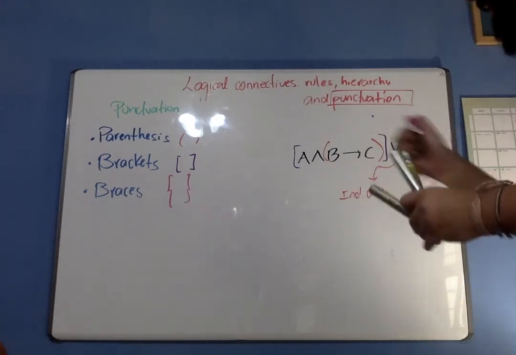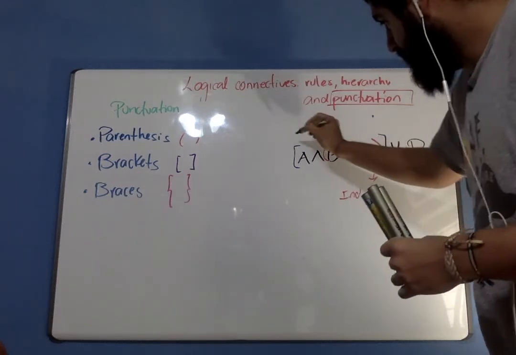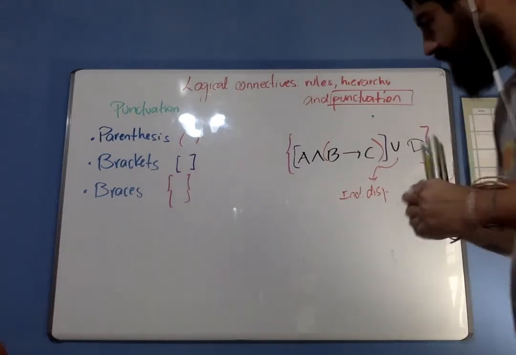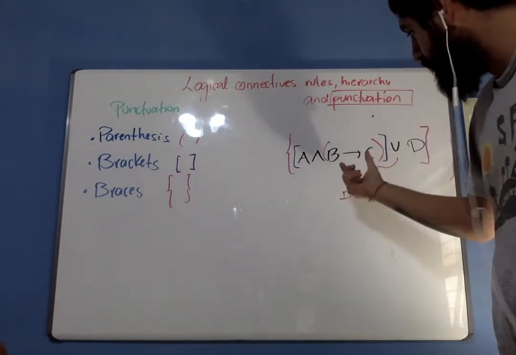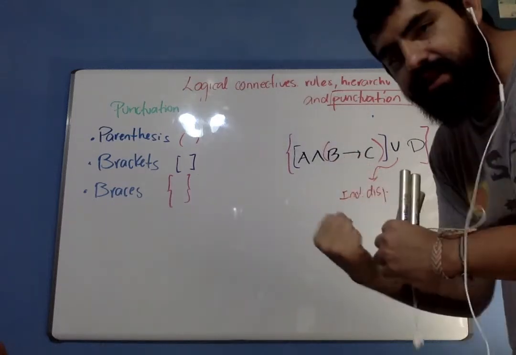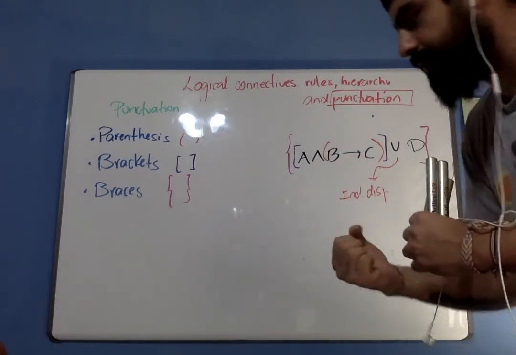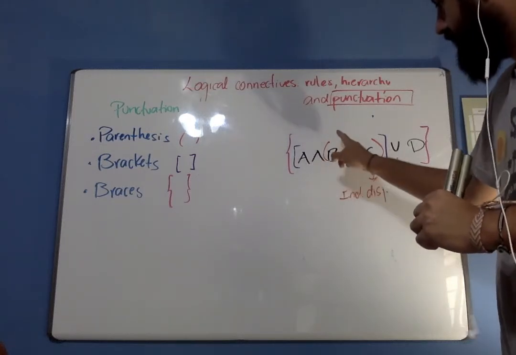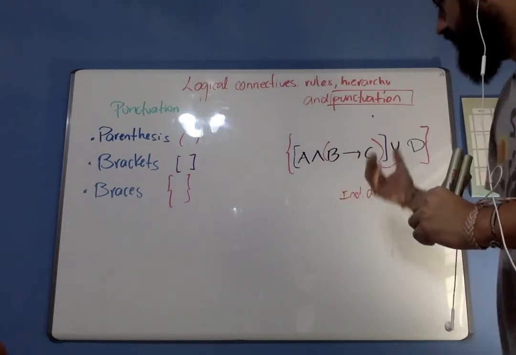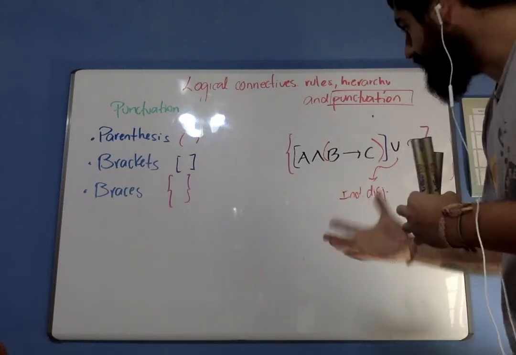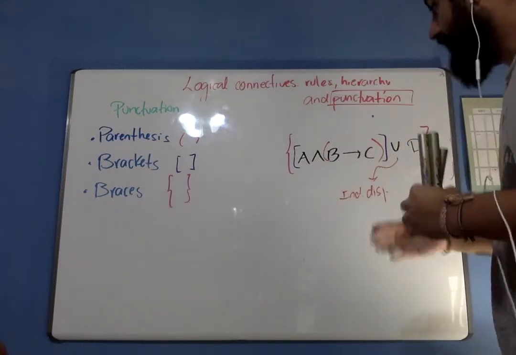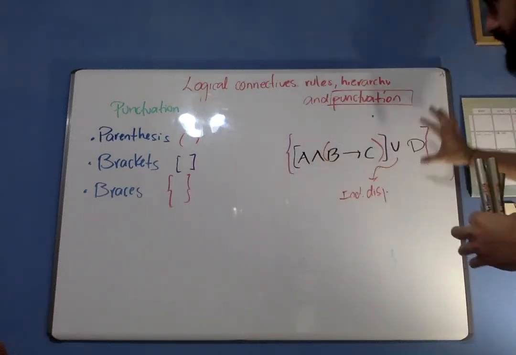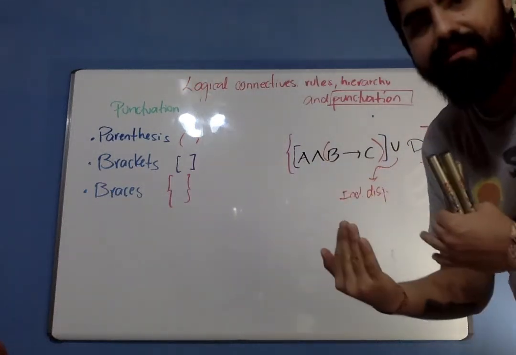Now finally, if we group all of these with braces, the same. This parenthesis merges B conditional C as a single unity, as a single expression. These brackets merge A conjunction B parenthesis B conditional C as a single unity. Now the unity is this bracket. The braces are making the whole expression again a unity.